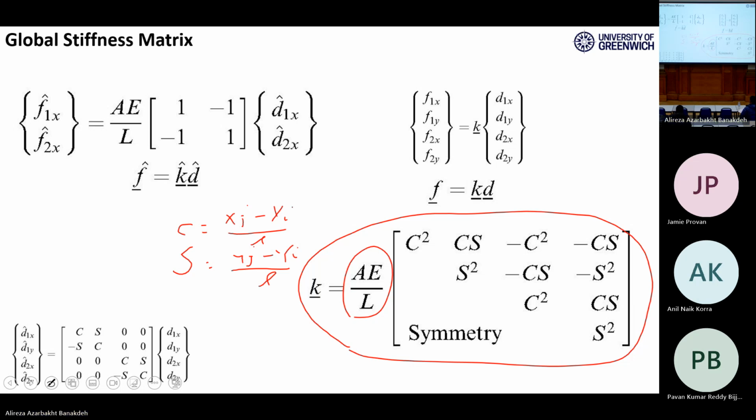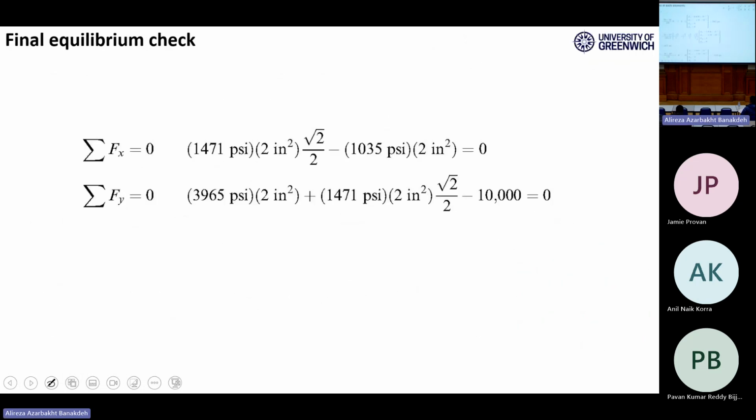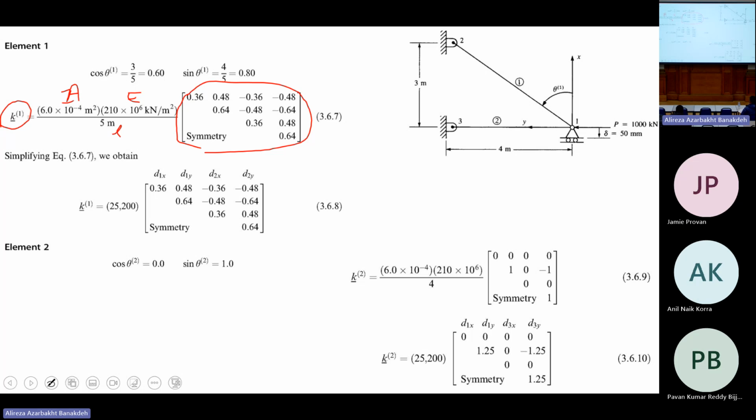So I get back there. That's why you see here cosine theta and sine theta. This is just the theta, but I strongly recommend to do C and S. When we're talking about element 1, it connects node 1 to node 2.